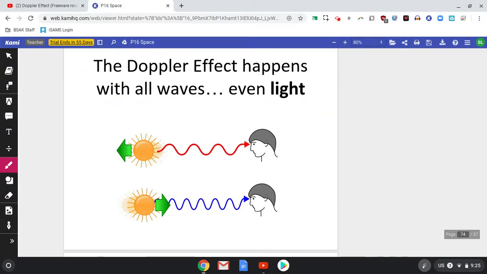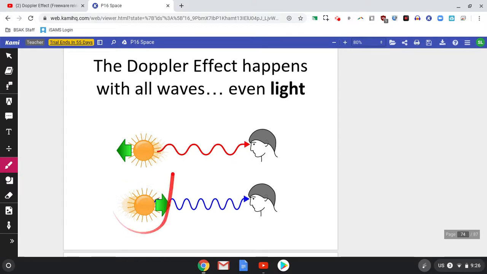The sound waves get stretched out, remember? It's the same with light. If the wave source is moving away from the observer, the waves get stretched out. Now, if they get stretched out, the light will be shifted towards the red end of the spectrum because red is a longer wavelength.